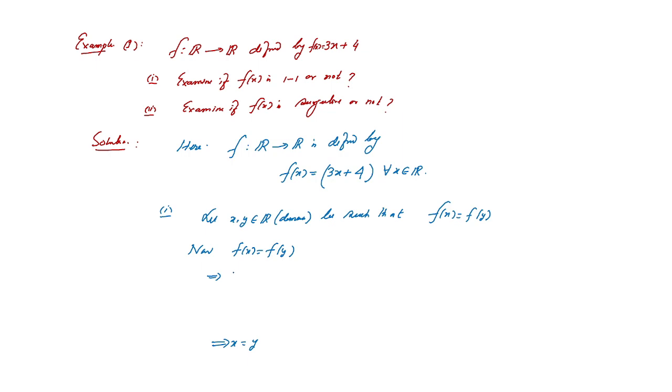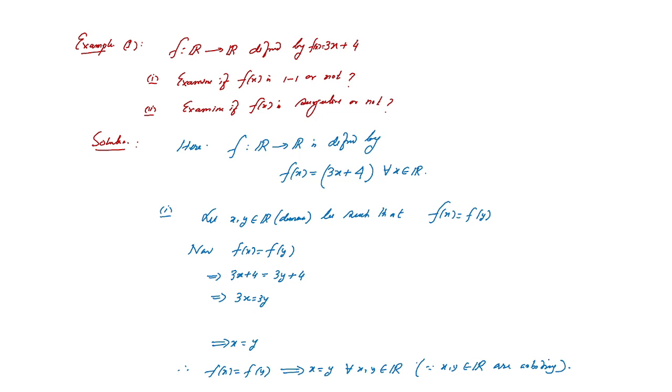So f(x) = f(y) means 3x + 4 = 3y + 4. So what does it imply? 3x = 3y, and that is x = y. Therefore, f(x) = f(y) implies x = y for all x, y belongs to R, because x, y belong to R are arbitrary. Okay, so what we prove is f is injective.